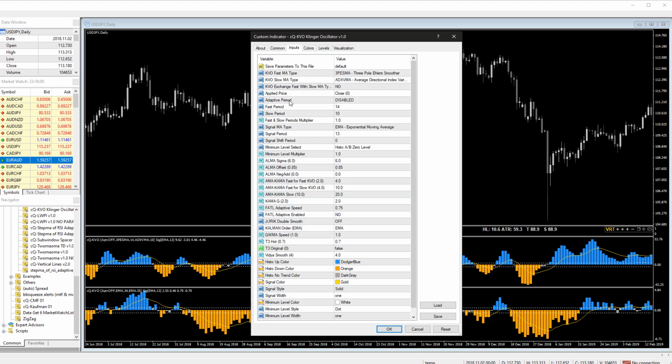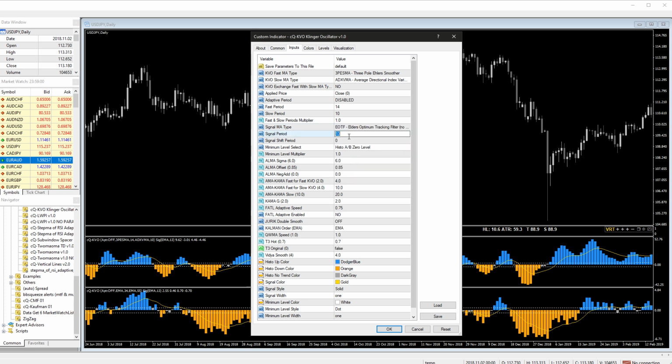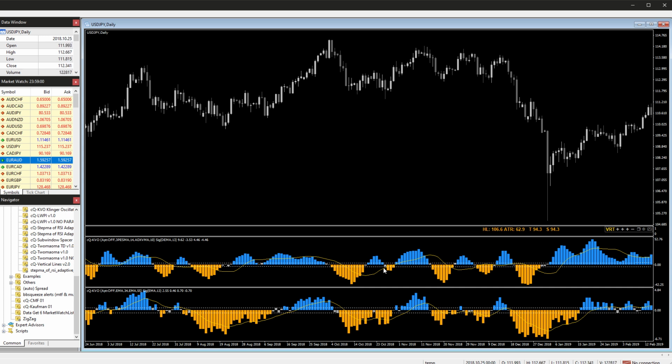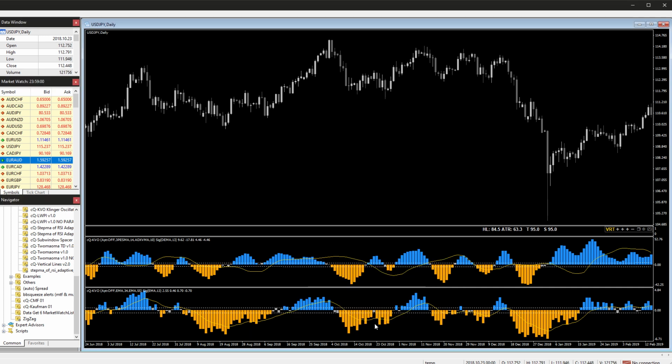And then you have a different signal, the yellow line right here, and you can use any of these for that signal period. Here I'll just show you what the signal period does. And then if you need to shift it, I'll shift it to the right 10.